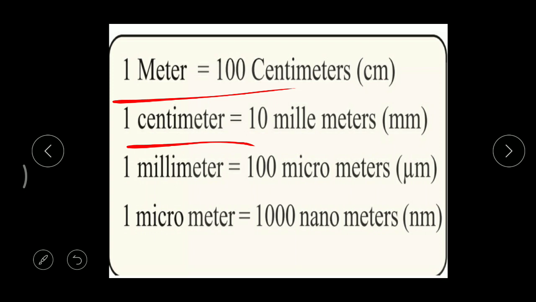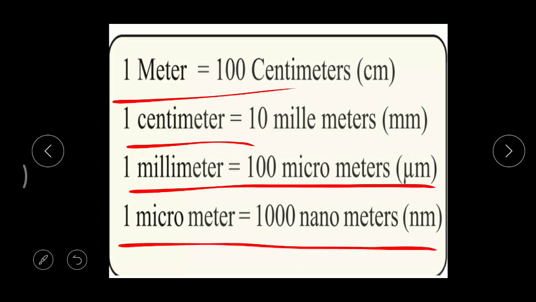Here 1 millimeter is divided into 1000 parts, which are micrometers. A millimeter is very, very small, and each micrometer can be divided into 1000 parts. Each part is called a nanometer.